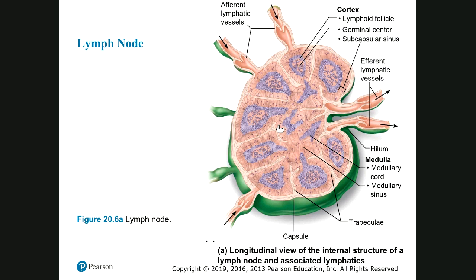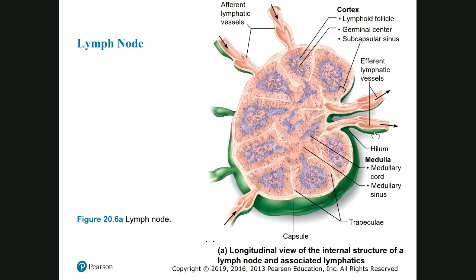Lymph enters the convex side of the lymph node through a number of afferent lymphatic vessels. It then moves through to the subcapsular sinus, and it enters into the medulla region through the medullary sinuses, and then finally exits at the hilar region, which is this indented region on the concave side, and the lymph is going to exit via the efferent lymphatic vessels.